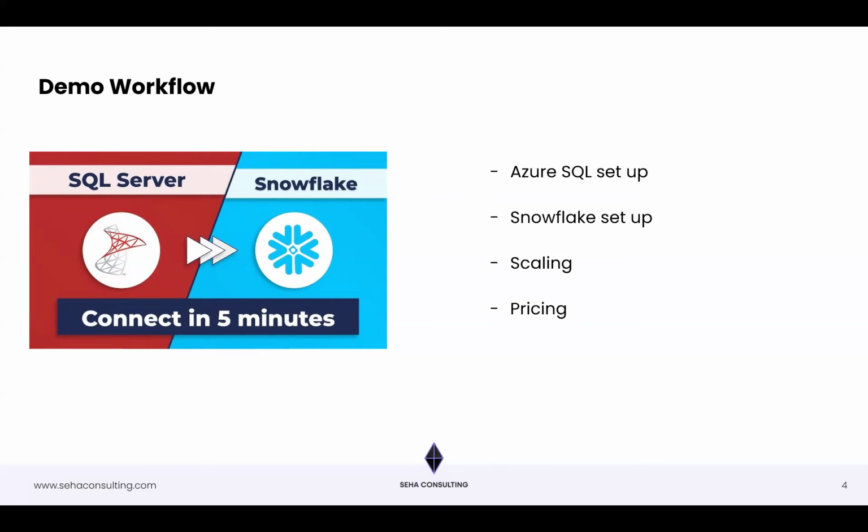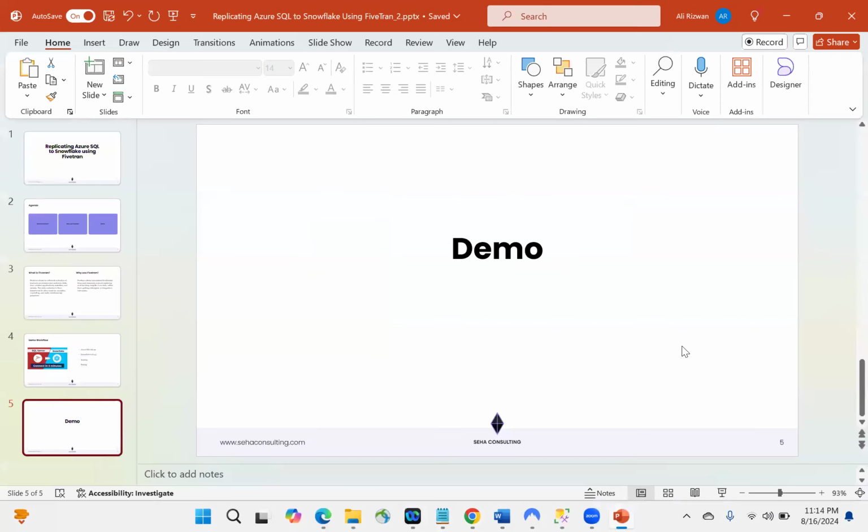We're going to run a sync with a sample table I have both in Azure SQL and Snowflake. Then we'll talk about the nuances of scaling it up and things that Fivetran customers typically still have to do to make sure their pipelines run. And around pricing as well, how it's charged, both on the Fivetran side and a little bit on the Snowflake side. So with that, we'll get into the demo.